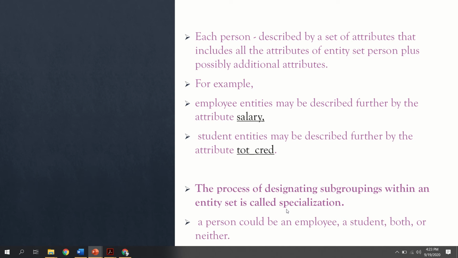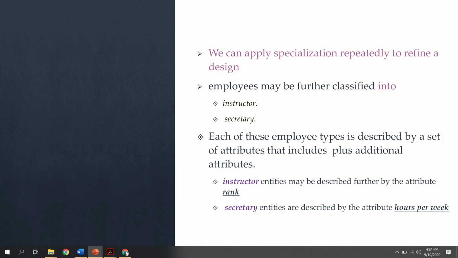If we take a person from the university, he may be either an employee or a student, or he may be both, or he may be neither. And again, if you are taking employee as a subcategory, you can imagine it as a hierarchy. Person is the topmost one.